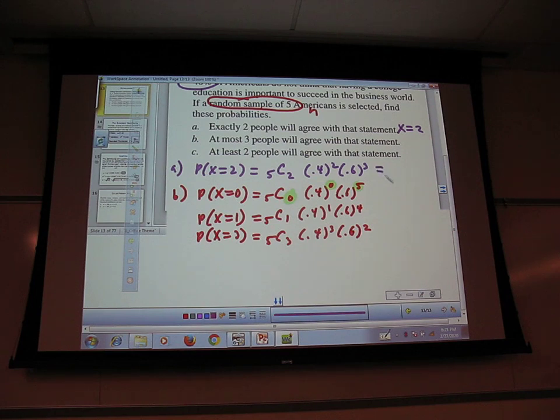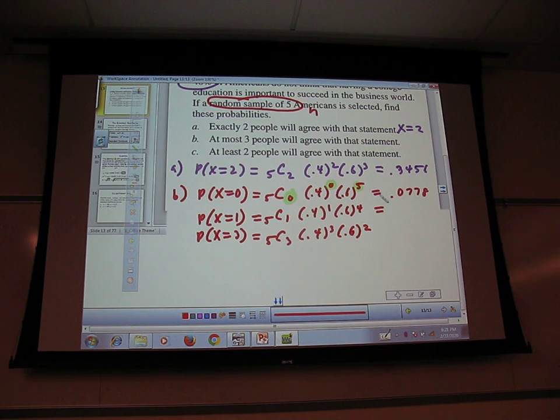So what did you guys get for the X is 2? Anyone? 0.3456. Yeah, so again, give me at least 4 decimal places before the final answer, and then that way you can round correctly for the final answer. And then for X is 0, Stefan, what'd you get for probably X is 0? 0.07776.